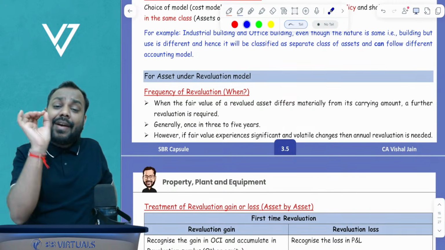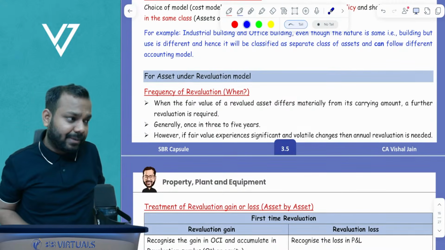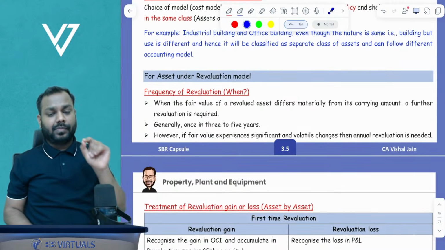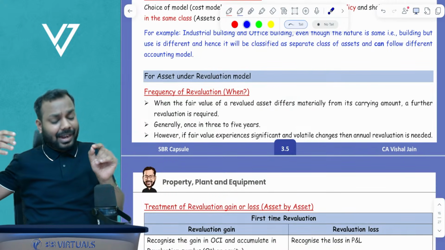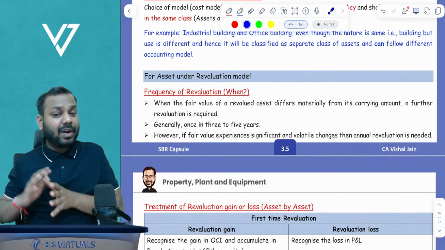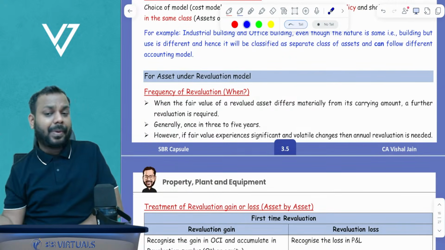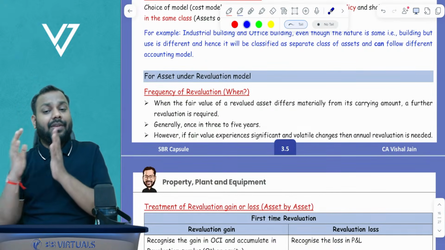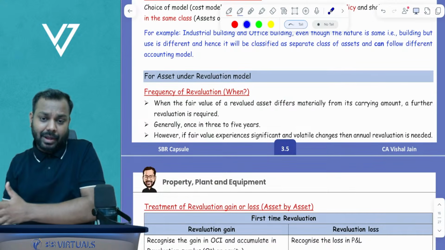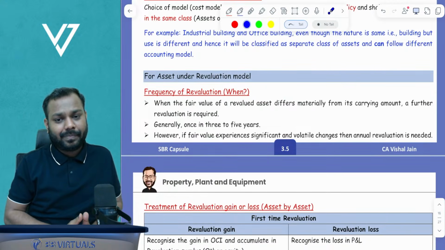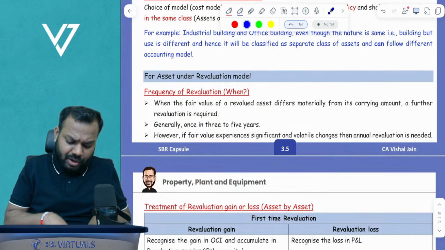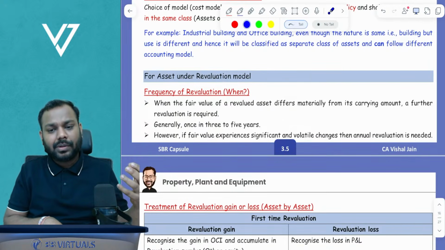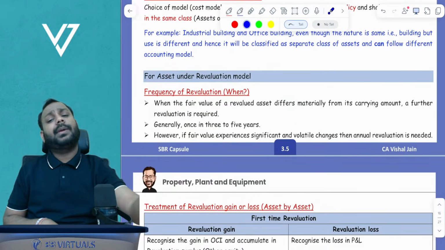No. Guys, please understand, generally students confuse this with investment property. The revaluation is done at each annual reporting date under investment property, but that is not the case with property, plant and equipment.